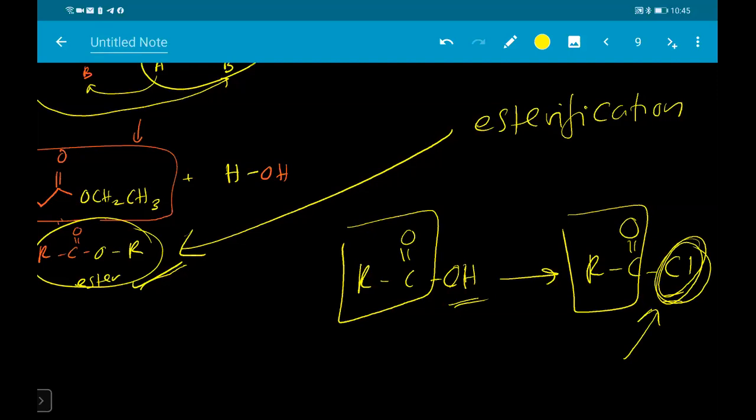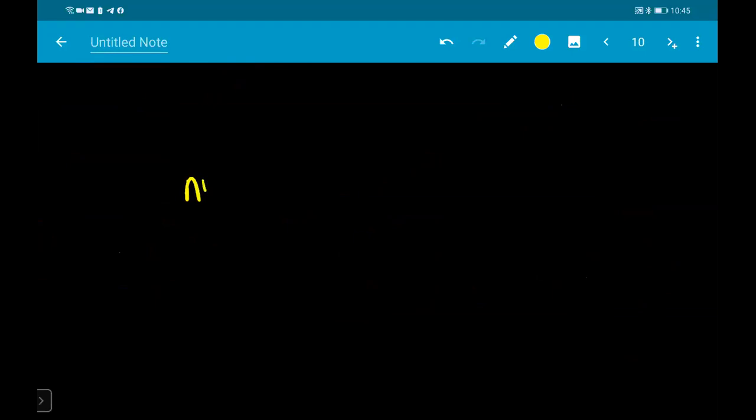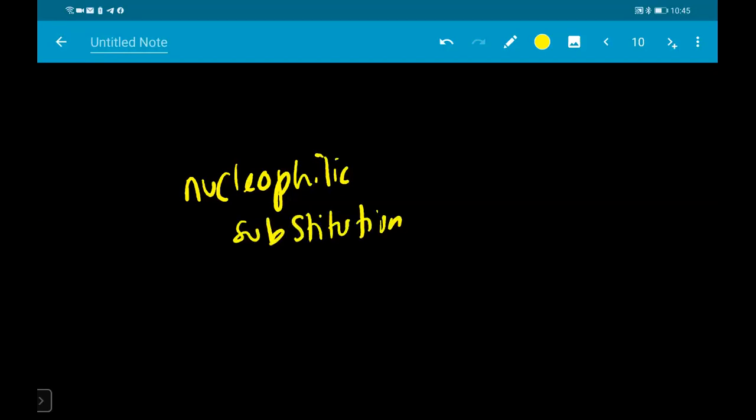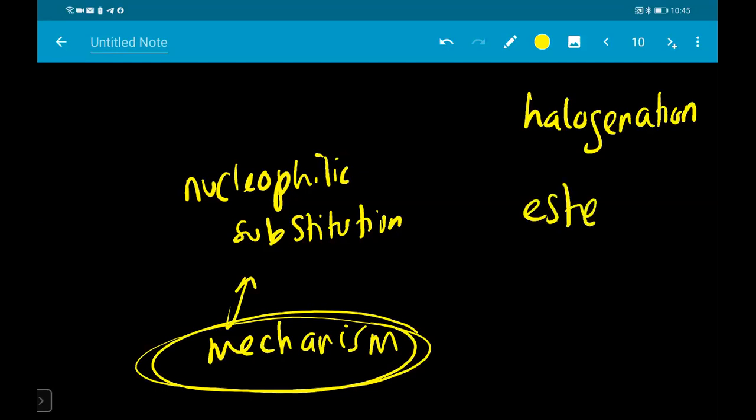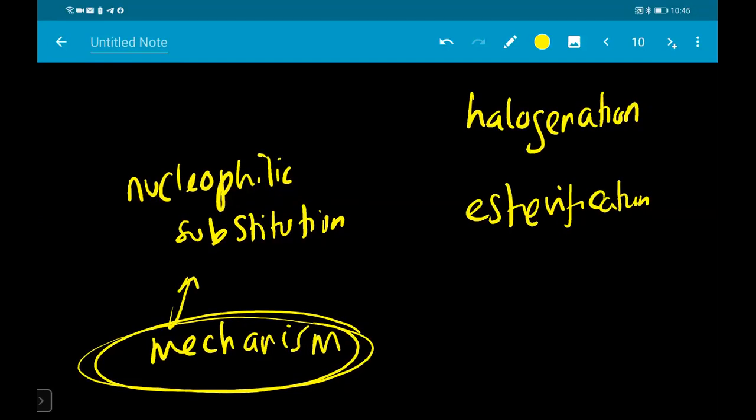Alright, that's why I want to highlight something. Nucleophilic substitution is what we call as the mechanism. It's the mechanism. Whether it is halogenation, esterification, or apa kita tadi?